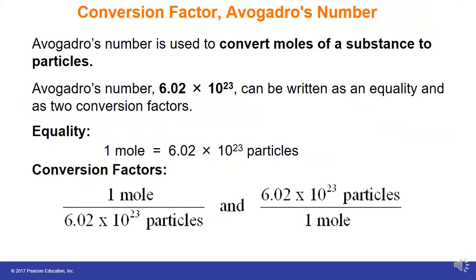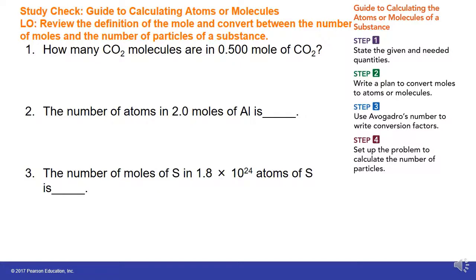Whenever we're using a conversion factor, you put the unit that you're looking for on top when multiplying by the information that you're given.